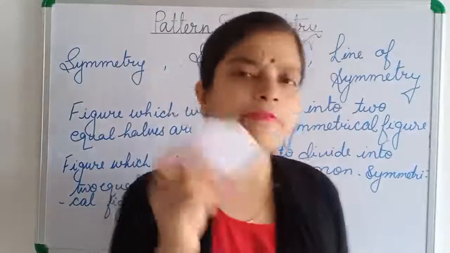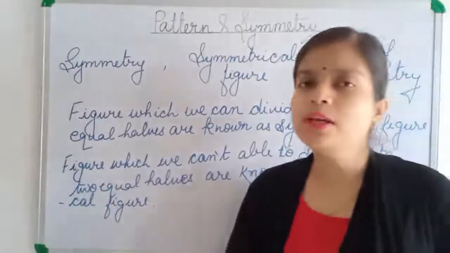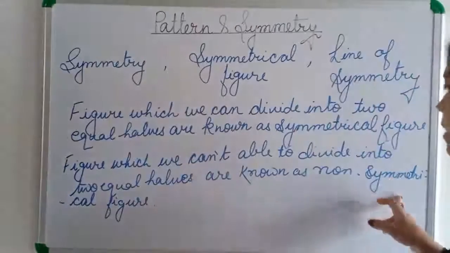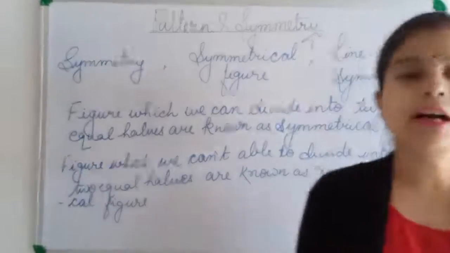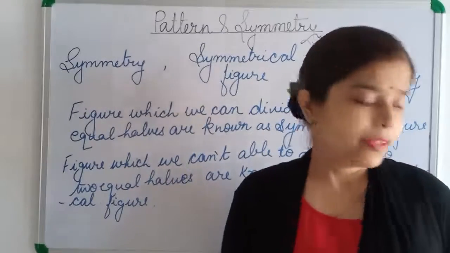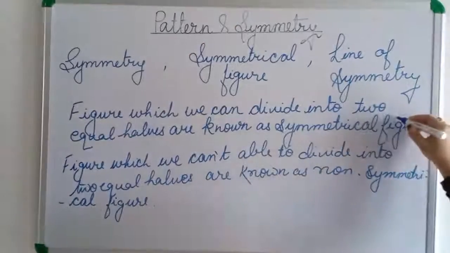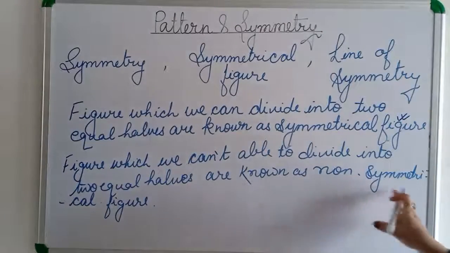So this type of figure is known as a non-symmetrical figure, and there will be no line of symmetry. For a non-symmetrical figure there will be no line of symmetry because we can't divide it into 2 equal halves. Okay. So the line of symmetry is only for a symmetrical figure, not for a non-symmetrical figure.